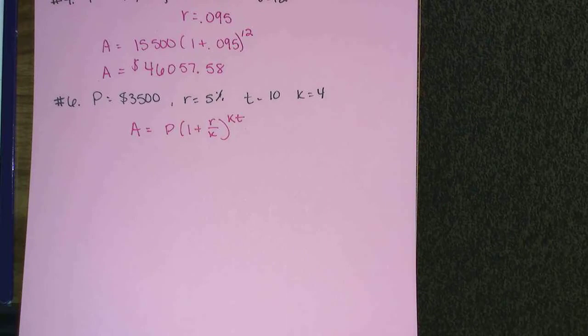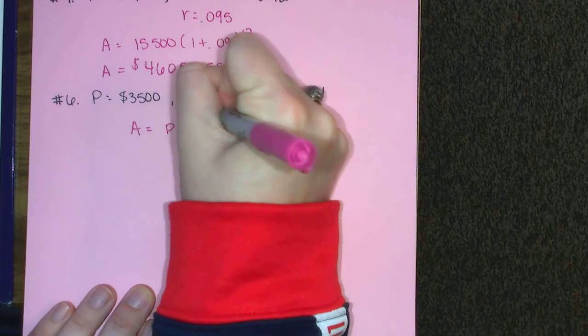The K is how many times it's compounded each year. So it's compounded quarterly, basically, in this case. So, again, R still needs to be a decimal, so make sure you still have that as 0.05.